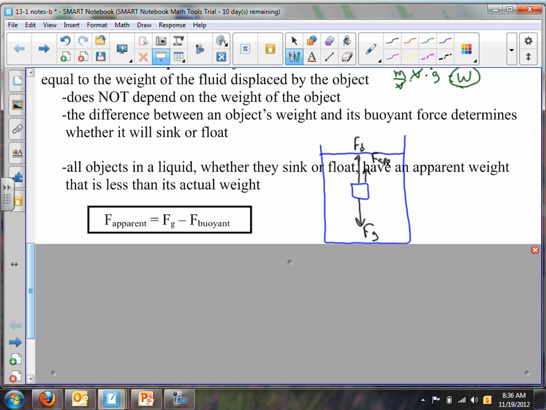These have to be in equilibrium. So if the thing weighed 25 newtons and the buoyant force was 20 newtons, you have an upward force of 20. This normally weighs 25 in air. It would appear to weigh only 5 newtons in that fluid. So things will weigh less submerged.